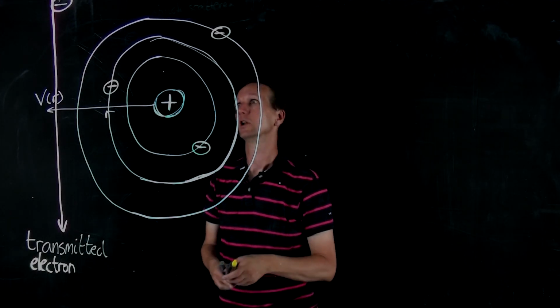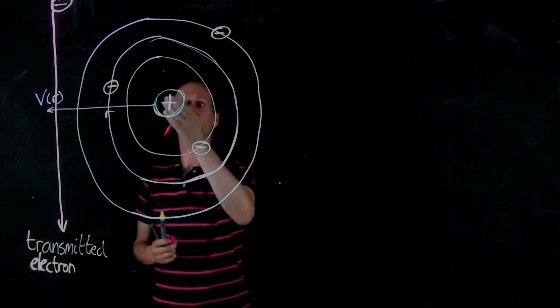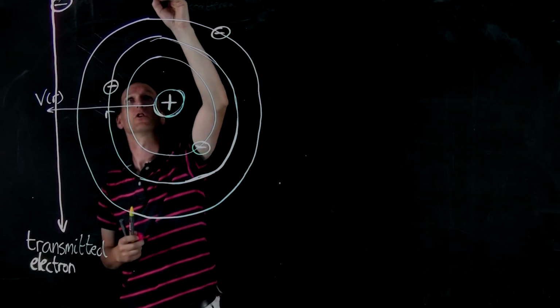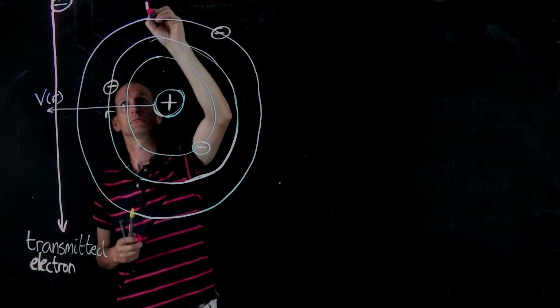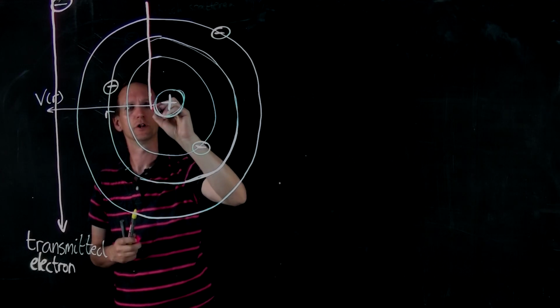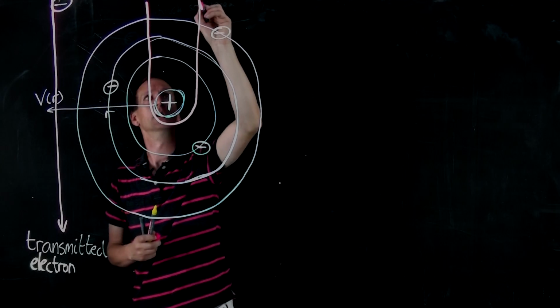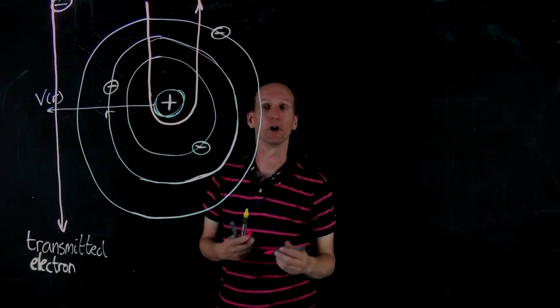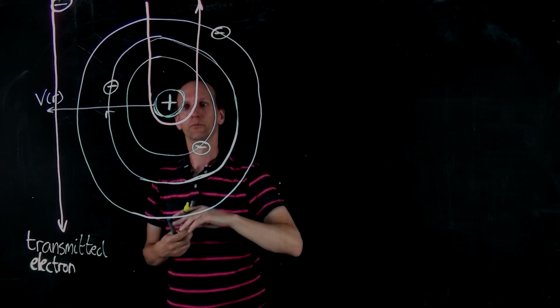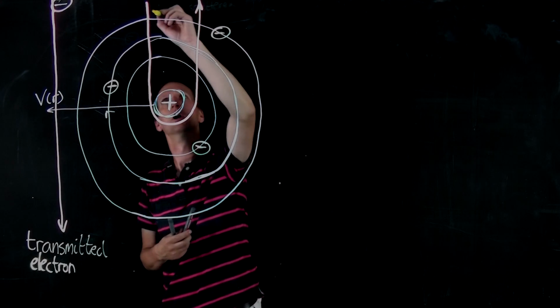Of course, the incoming electron may also be on the other extreme, traveling very close to the nucleus. So it can come in here, feel the attractive force of the nucleus, be slightly bent, and actually, like a comet around the sun, be deflected to go entirely back.